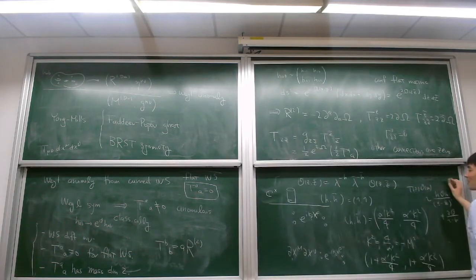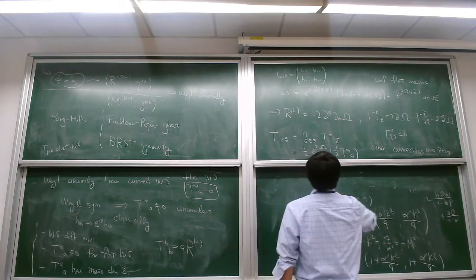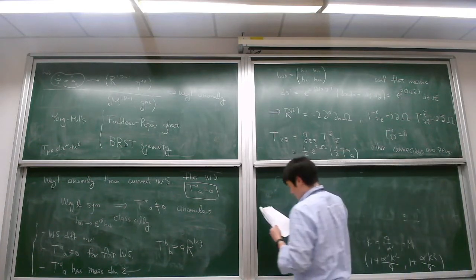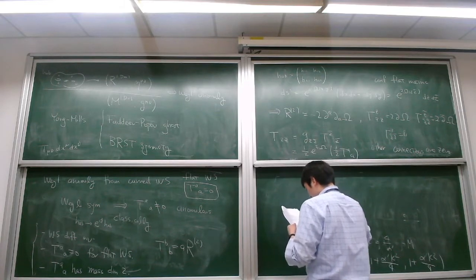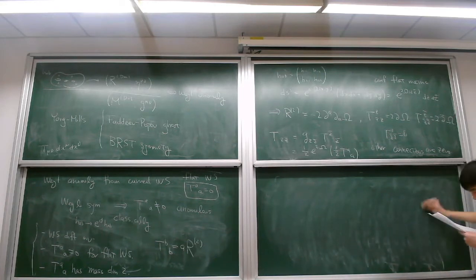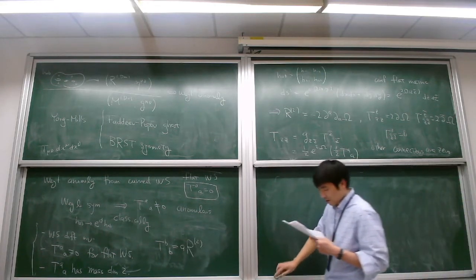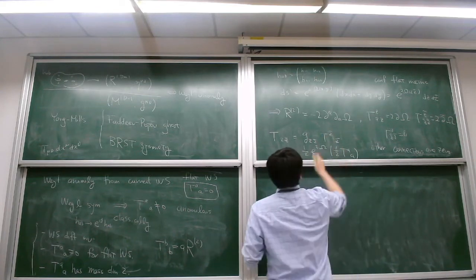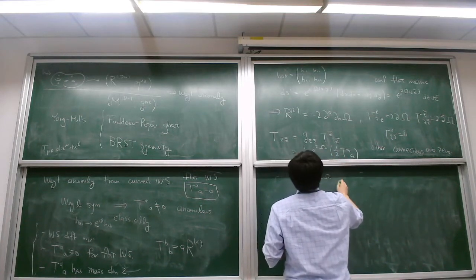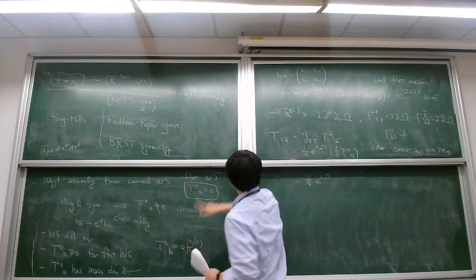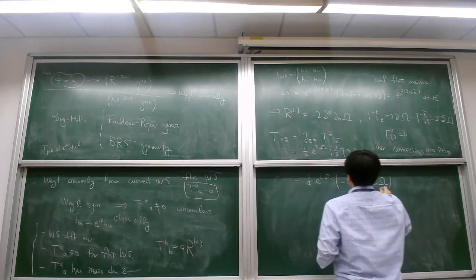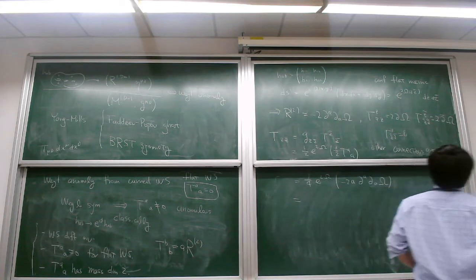I'm not careful about constants. So let's assume this is correct: 1/4 e to the 2 omega, and you plug this in here, and this is -2a partial_a partial^a omega.